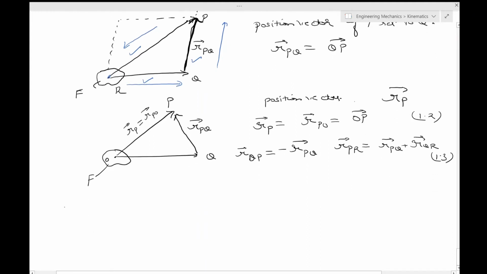This is a good place to write. So this implies that RPQ is equal to RPO minus RQO.